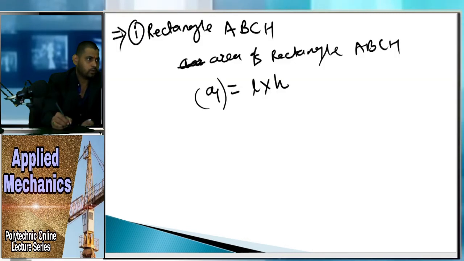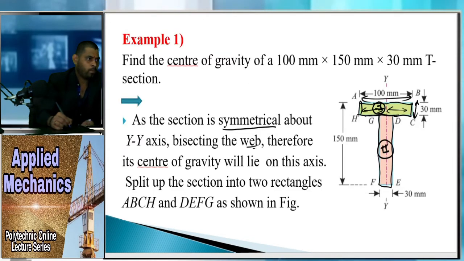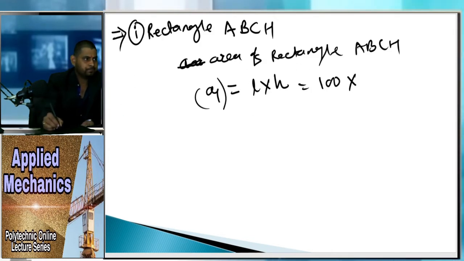So let's see what our problem says. We have to find the area, that is L into H. The value of this is nothing but 100 into 30. Now just do the calculation of this.